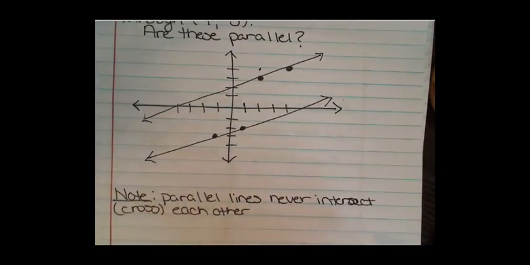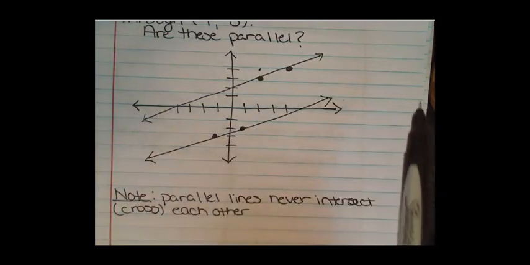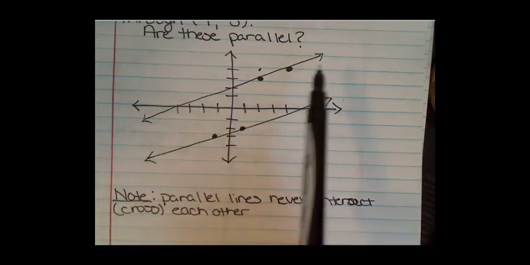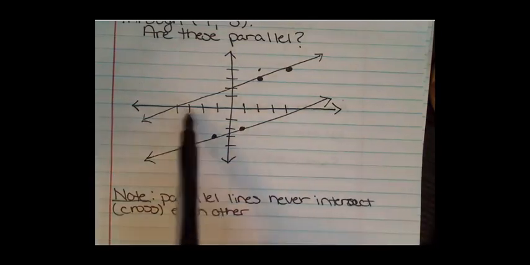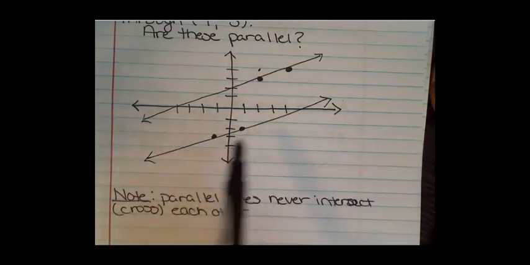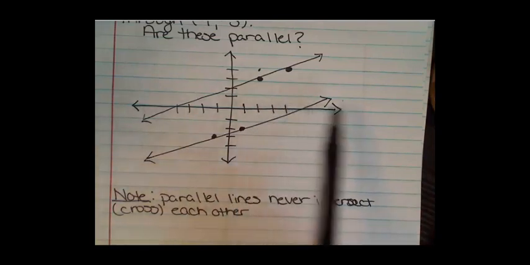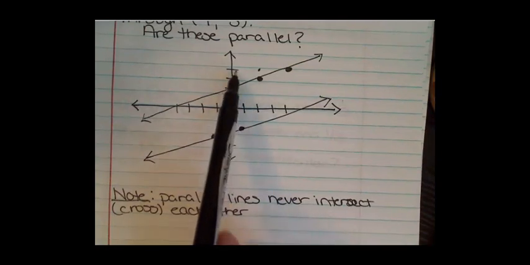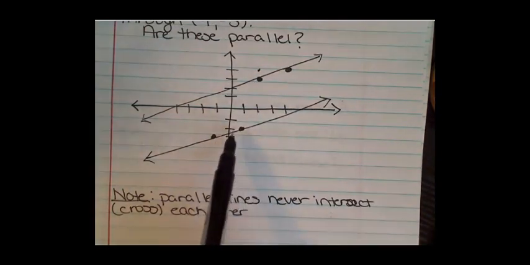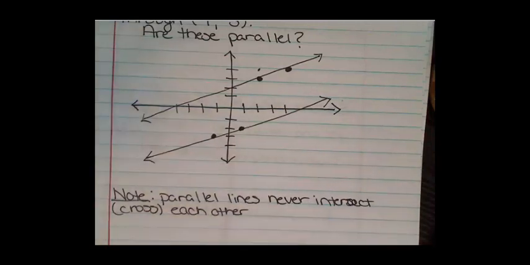You can draw this line out for 5 miles, and it's never going to cross this line because it's going as high and as far as the other one is. That's the importance of the slope. If this one were to rise faster than it were to run, then it would eventually bump into this one. But because this one goes up and over at the same rate that this one goes up and over, it's never going to cross. So those are parallel lines.